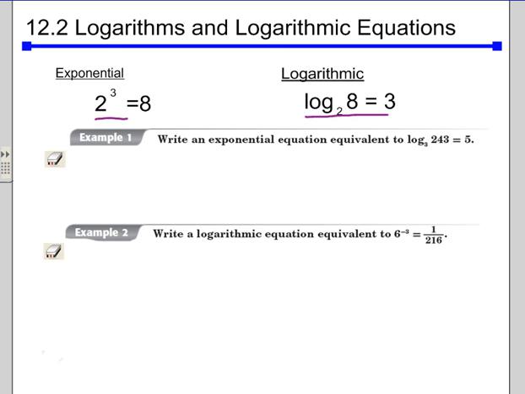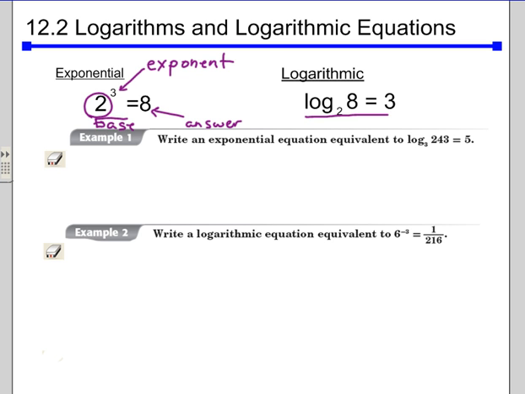So here's how you do it. 2 is the base, that says base by the way, for the exponential function. 3 is the exponent. 8 we'll just call right now the answer, for lack of a better term.